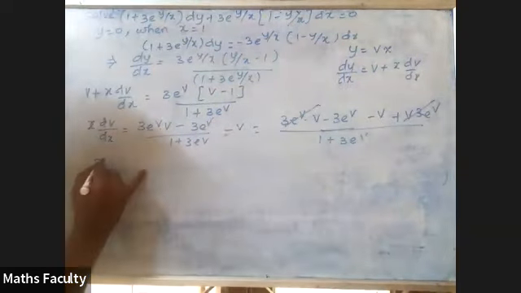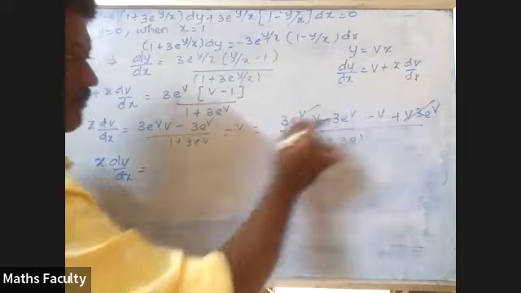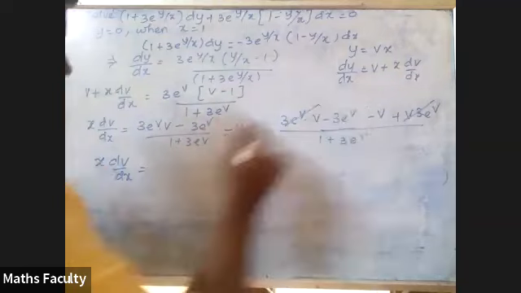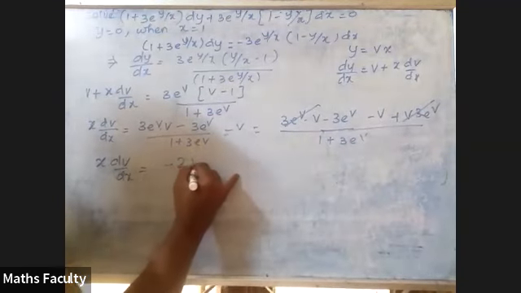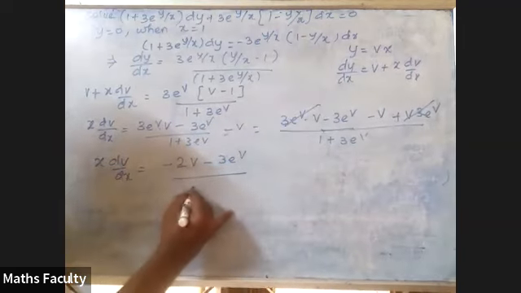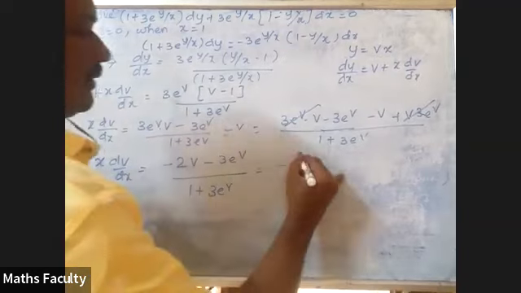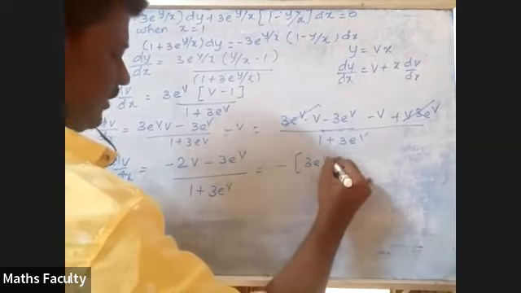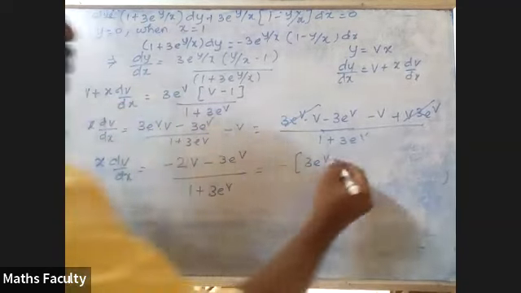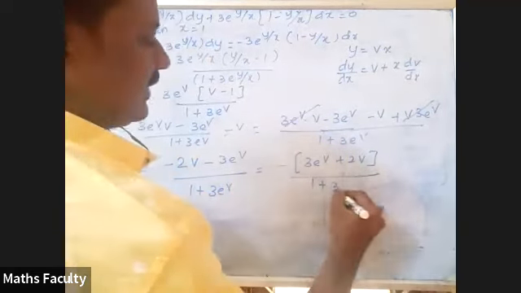Now I can take x dv by dx. Are you all listening? If I take minus common, minus v becomes minus 2v minus 3 e power v divided by 1 plus 3 e power v. You can take minus common: first 3 e power v, next minus 2v becomes plus 2v, divided by 1 plus 3 e power v.